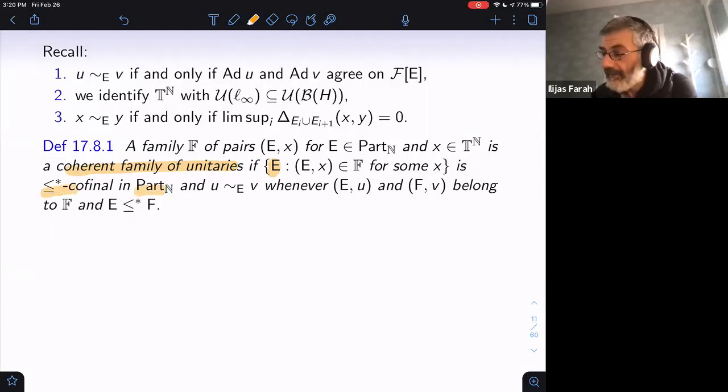So this is big enough. And moreover, the coherence part: U and V are E-equivalent whenever we have (E, U) and (F, V) in F, and E is less than or equal star F.